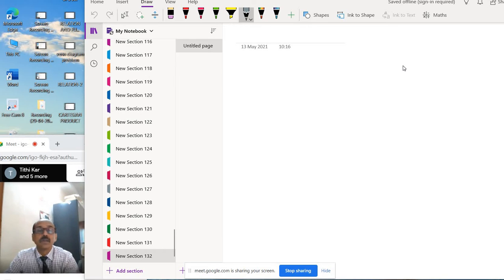So exercise 2.3 from the NCERT book. Question number 5, part 2.